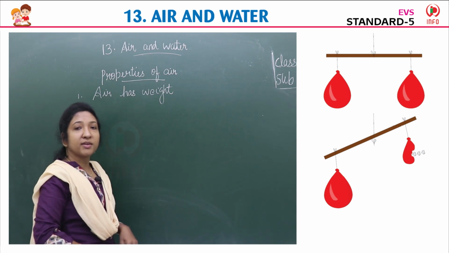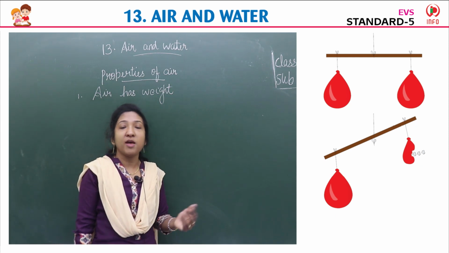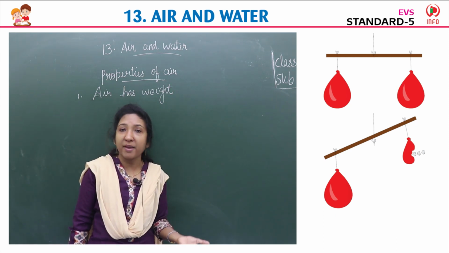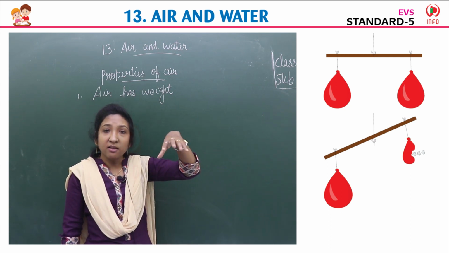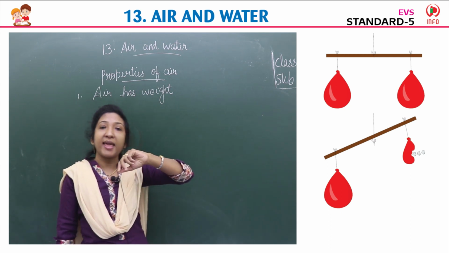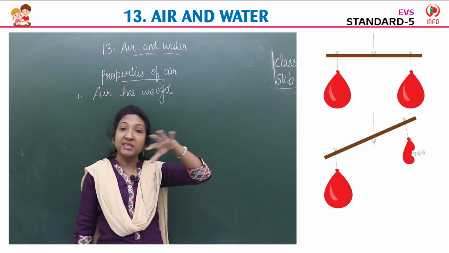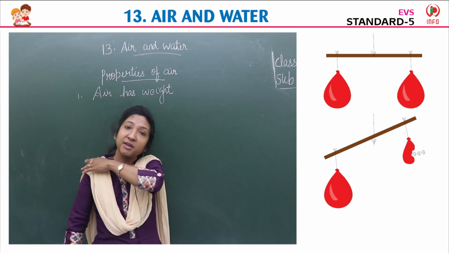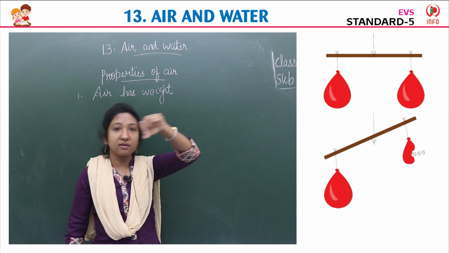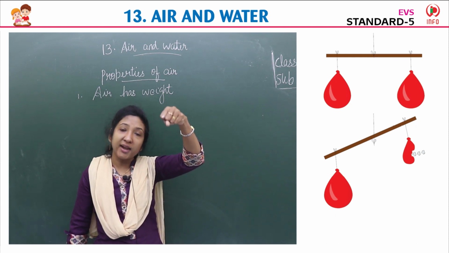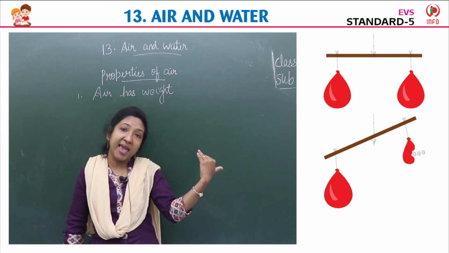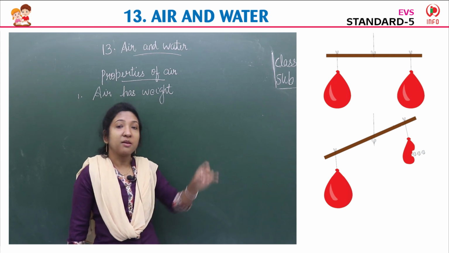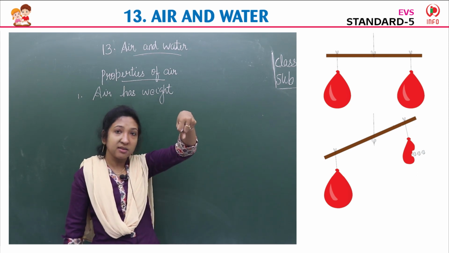How do you prove that air has weight? By an experiment. How? Take 2 balloons filled with air, and take a stick, a thread and a pin also, and hold the stick using a thread and tie a balloon at both ends of the stick, and now the balloons are balanced on the stick.